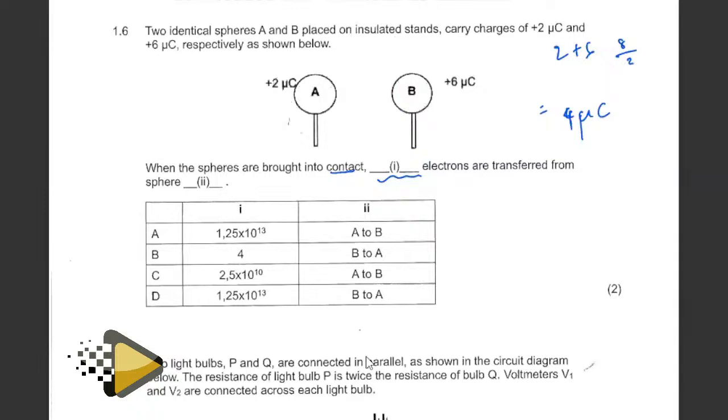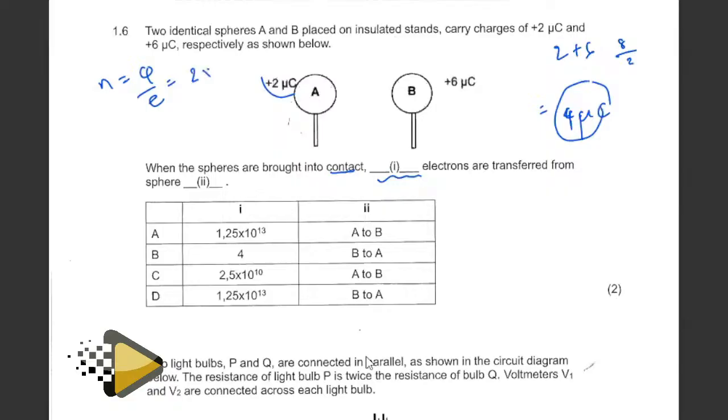So if that is true, how about if we calculate the number of electrons that would be transferred from n is equal to Q over e? Since this is 4 microcoulombs and we subtract the 2 microcoulombs, there was a transfer of 2.